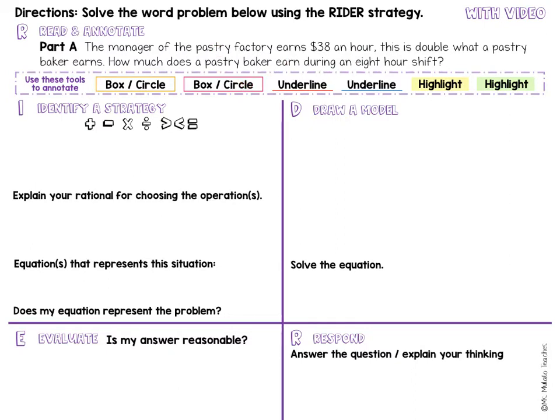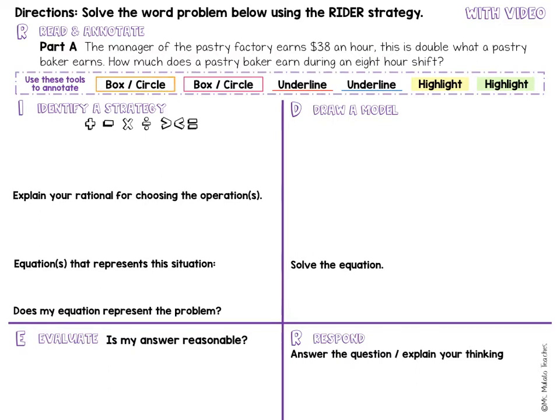Let's reread the question and stop at the punctuation. The manager of the pastry factory earns $38 an hour. There's a comma, we're going to stop. Is there anything so far in this sentence that we need to remember? Yes, we need to remember that the manager makes $38 an hour.